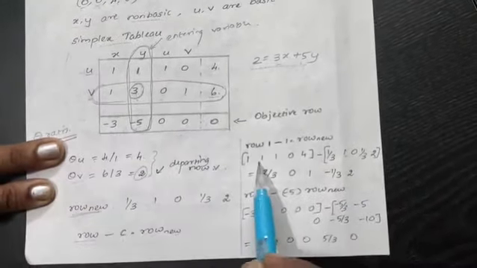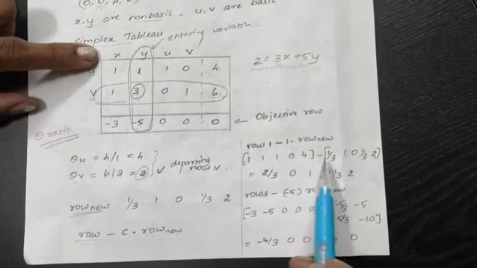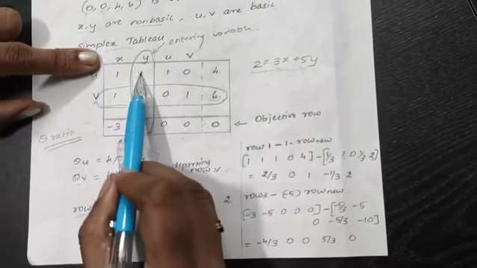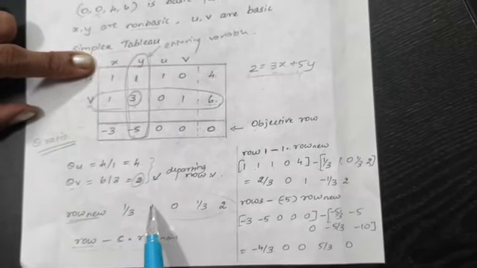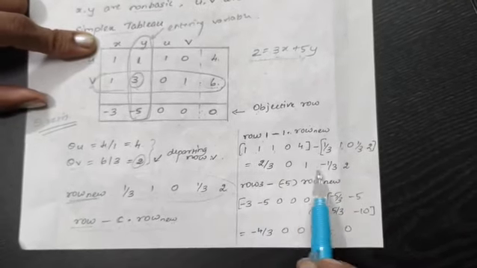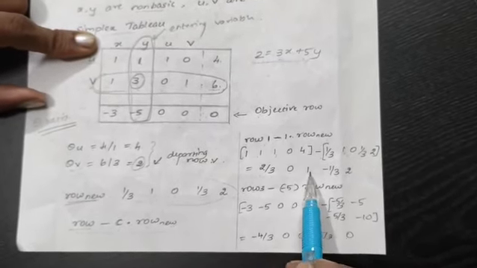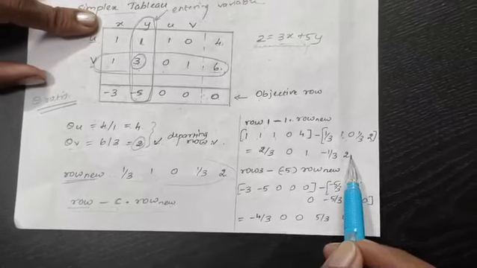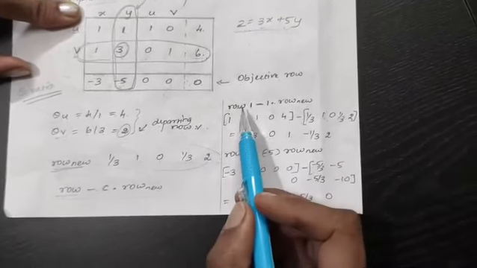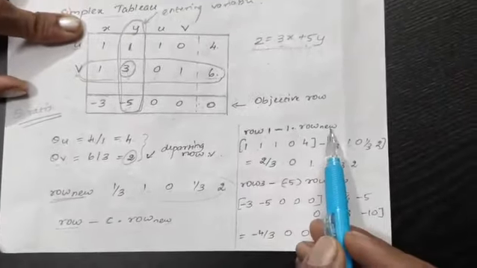So 1, 1, 1, 0, 4, then minus this pivot value 1 into the row new value, 1 by 3, 1, 0, 1 by 3, 2. By subtracting this, we are getting the value 2 by 3, 0, 1, minus 1 by 3, then 2. We can replace it into row 1 of the new table.